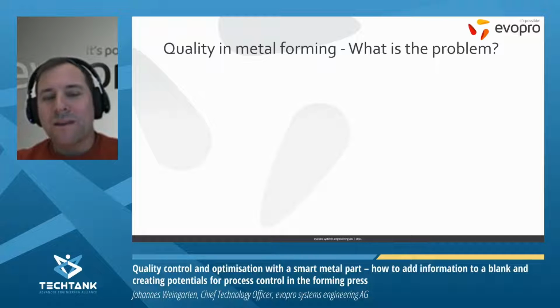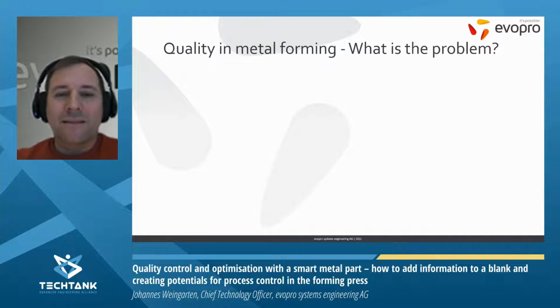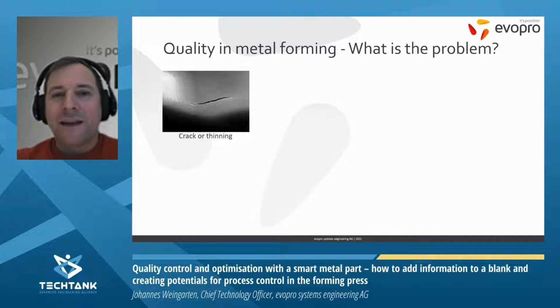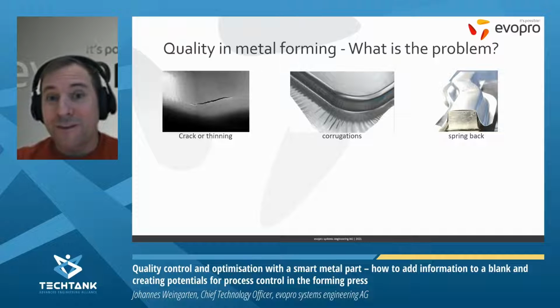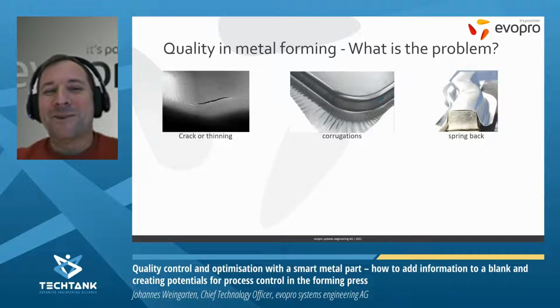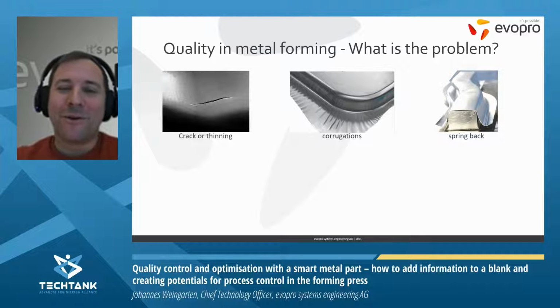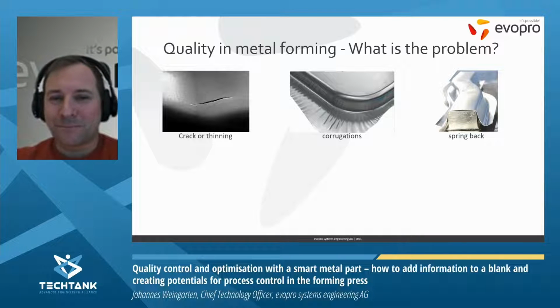The typical problems are cracks and thinnings, like you can see here, corrugations, and spring back. Of course, there are a lot of other things, but I do not have time to give you all the different examples.